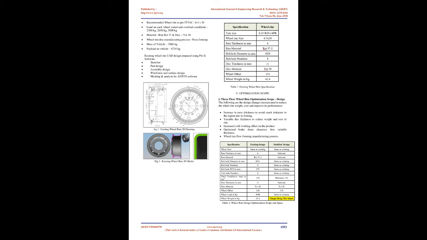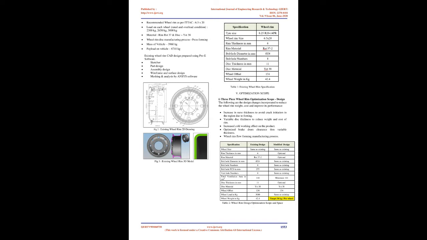4. CAD design. Design input parameters of TATA 1109 ILCV vehicle. Existing 3-piece wheel rim design. Vehicle tire size, 8.25 R20, 14 PR. Wheel rim mass per wheel, 42.5 kilograms. Recommended wheel rim as per JOTMA, 6.5 x 20.